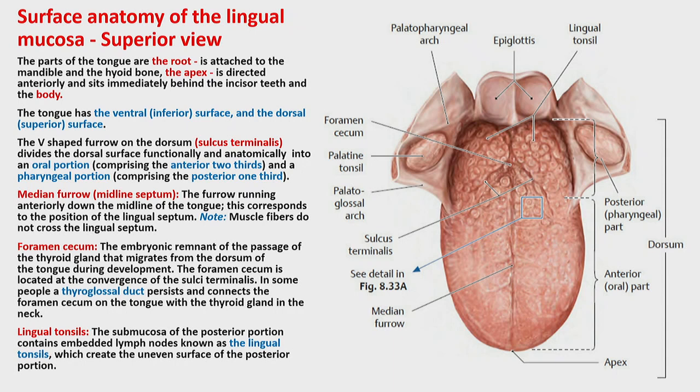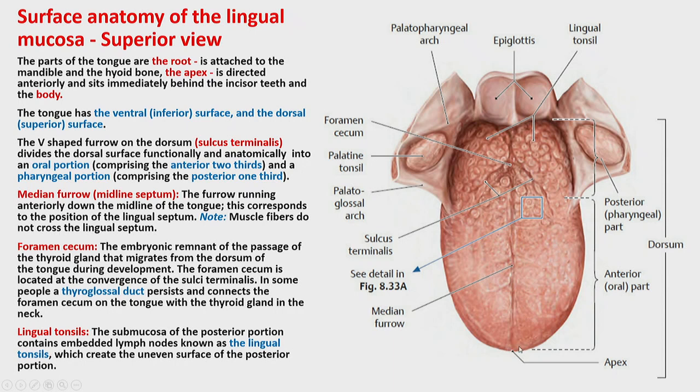Basically, we are dividing the tongue into different parts. The posterior part, which is the posterior 1/3 of the tongue, is called the root of the tongue or radix. The other part is the apex, which is the most anterior part behind the incisor teeth.